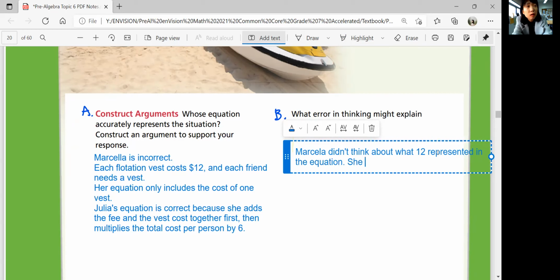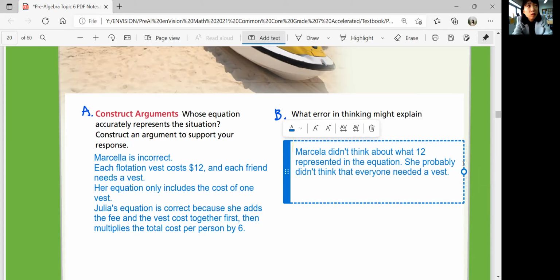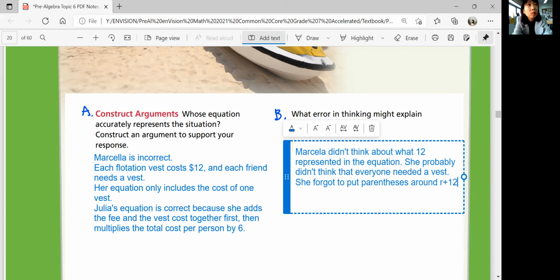She probably didn't think that everyone needed a vest. Okay, so she forgot to put parentheses around r plus 12.